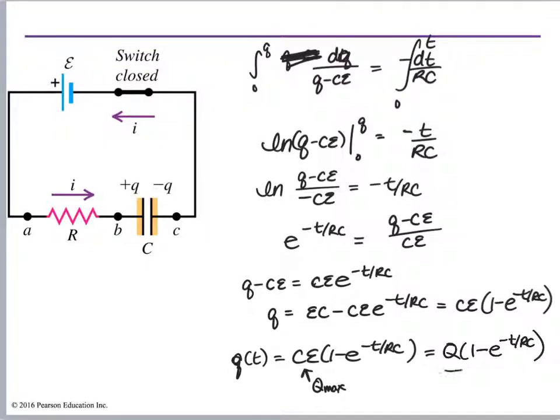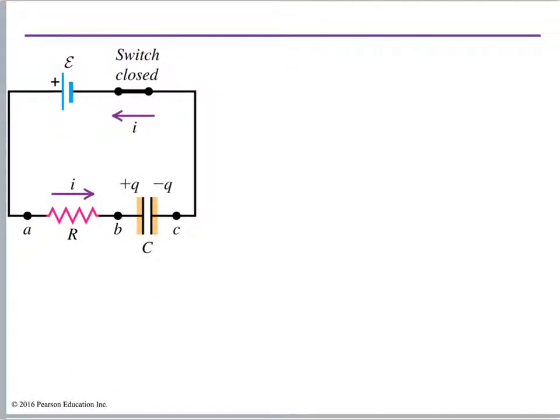So we have to think about what this looks like. Basically, this is a value of charge that's exponentially approaching a maximum. This is Q, and this is t. The charge looks like this as it gets bigger and bigger.